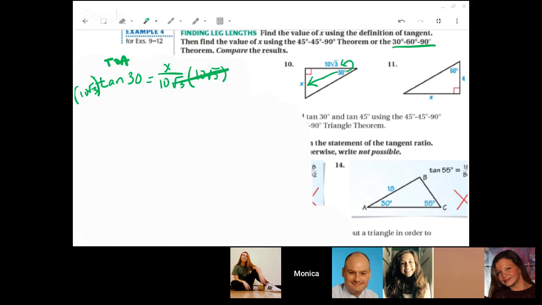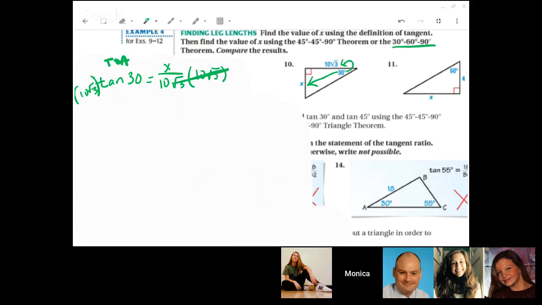Yeah, Natalie, it's 10. So, Abby, clear everything out and try this, okay? Do 10 times the square root of 3. First just do 10 times the square root of 3 and hit enter. And then take that answer and do times tan 30.